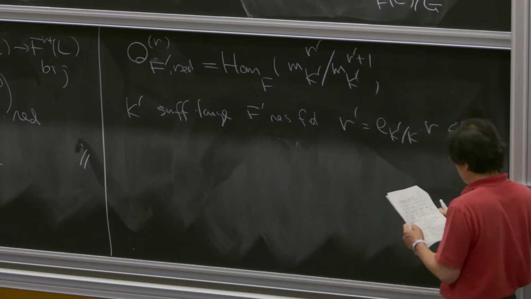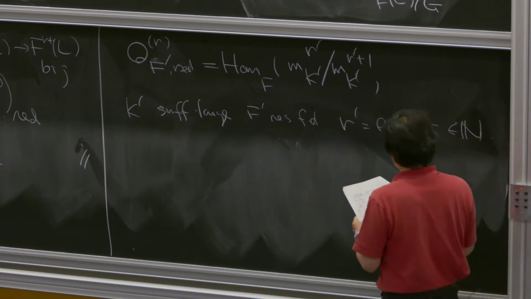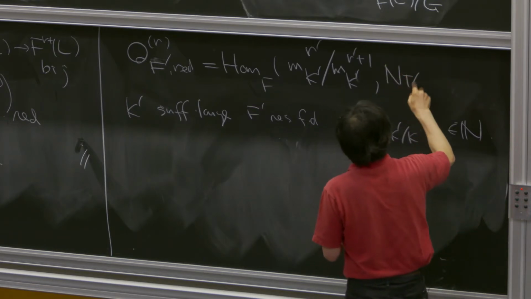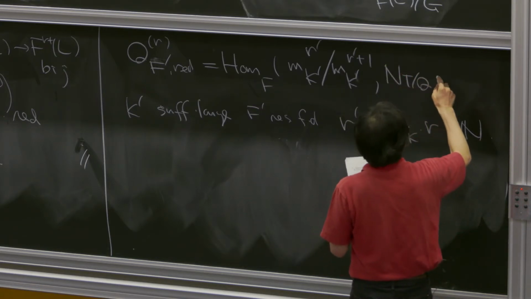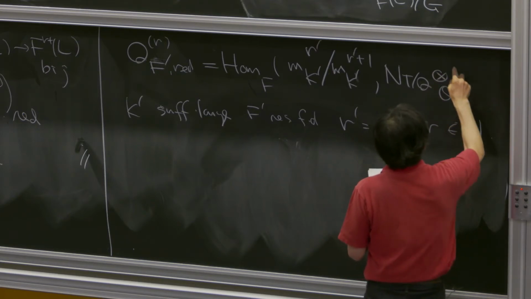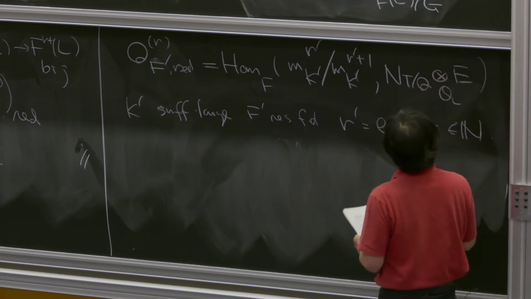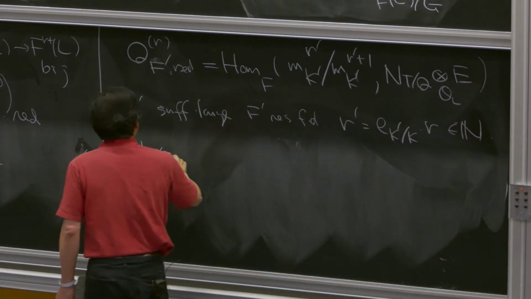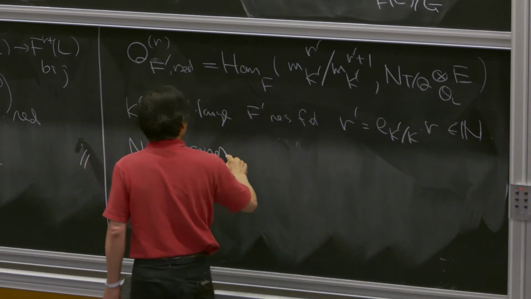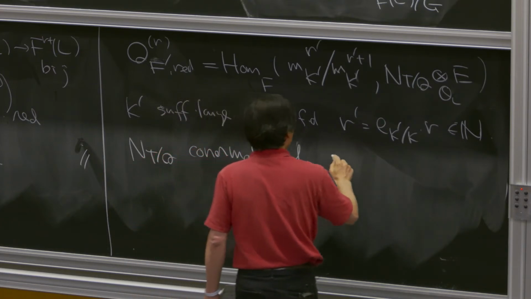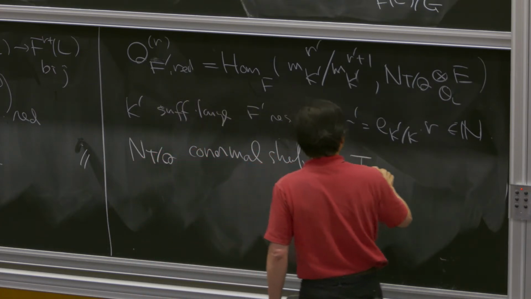The Hom space from here to the conormal sheaf. N is the conormal sheaf of the immersion.